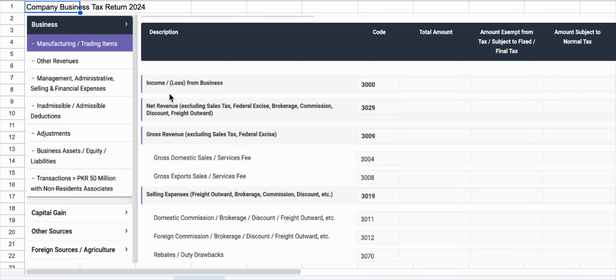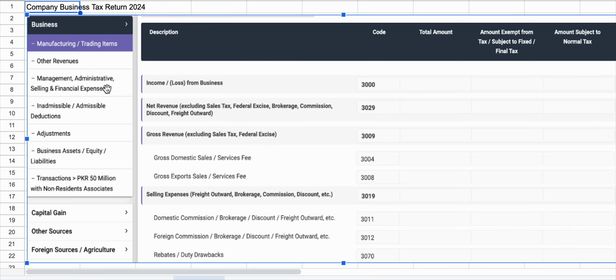A company means a business that is separate from its owners and is taxed separately. So its tax return consists of income from business, and these are the tabs: manufacturing, other revenues, management, inadmissible. We'll be discussing all of these in coming parts.